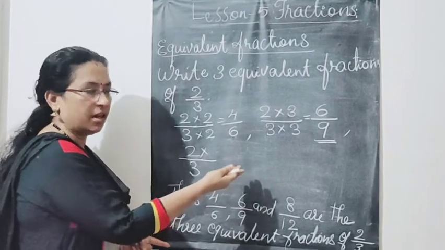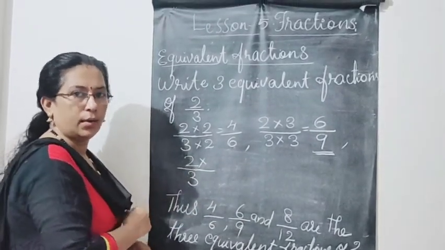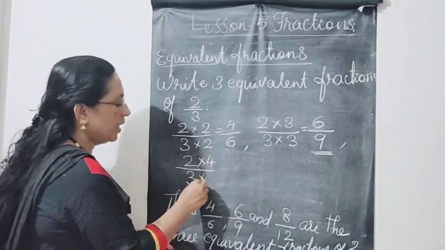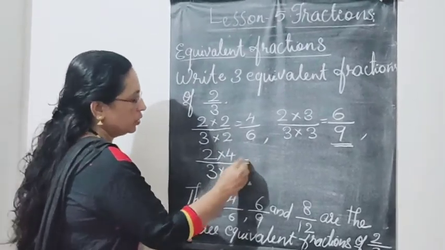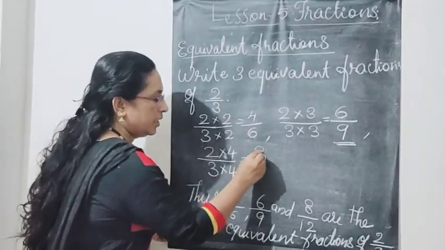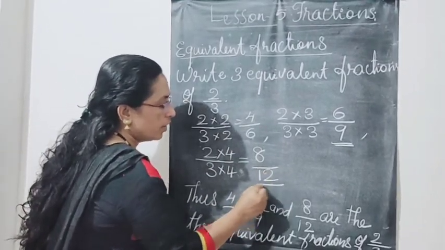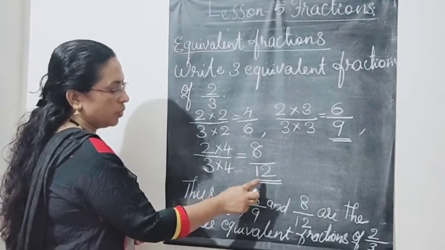After 3 you can take 4, 5, 6, any number, for getting an equivalent fraction. Here I am taking 4, and the same number multiplies the denominator also. 2 4s are 8, 3 4s are 12. So one more equivalent fraction we made here, that is 8/12.